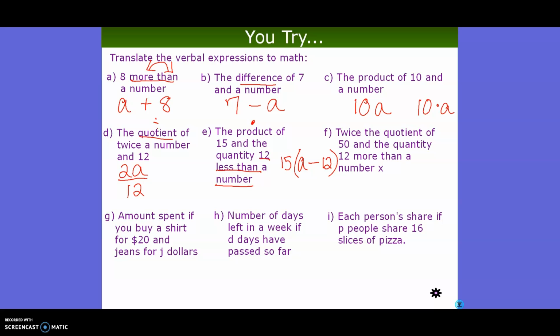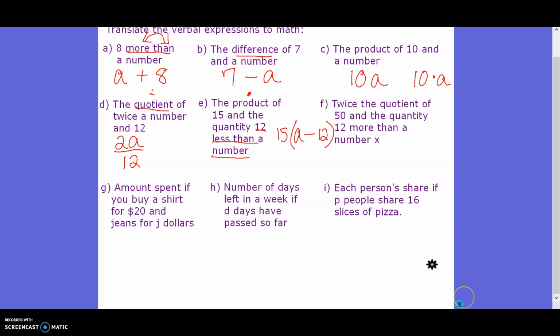Letter F, twice the quotient of 50 and the quantity 12 more than a number x. This is getting complicated. Let's see. Twice, so 2 times, the quotient of 50, fraction bar, the quantity of, I need parentheses, 12 more than a number x.